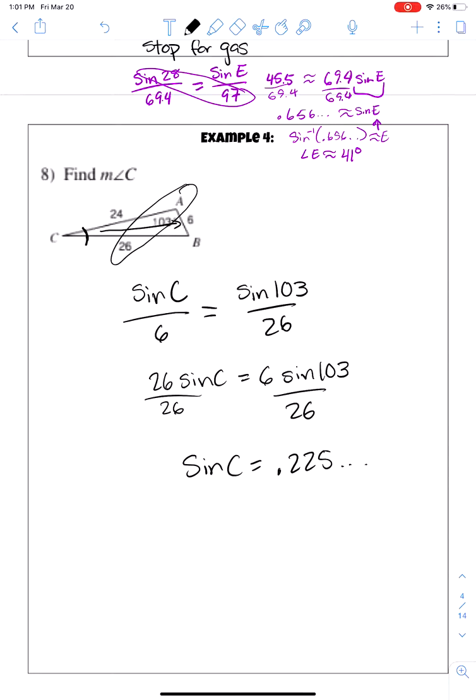Now we're going to do arc sine or inverse sine of that value, and that will give us our angle measurement. So in this case, we get C is about 13 degrees. Again, at the end of each of these, ask yourself if your answer makes sense given the information you have, and you go from there. Hope that makes sense.